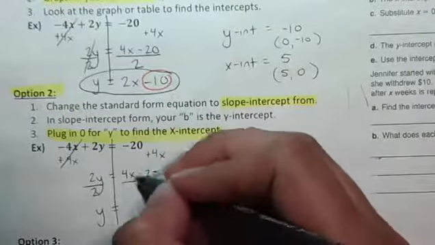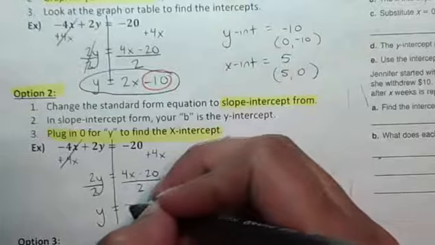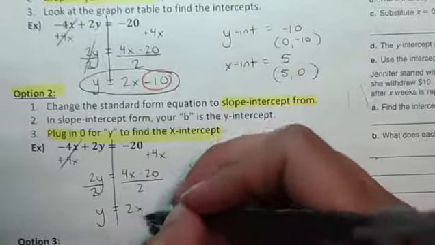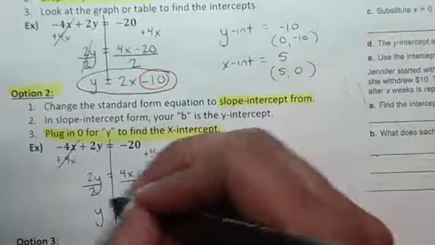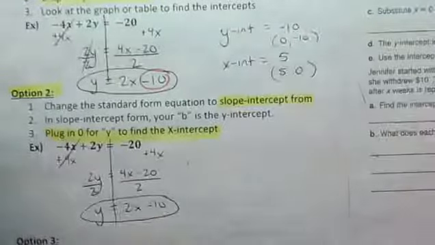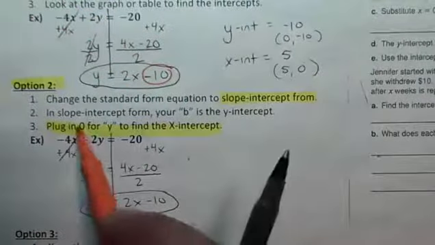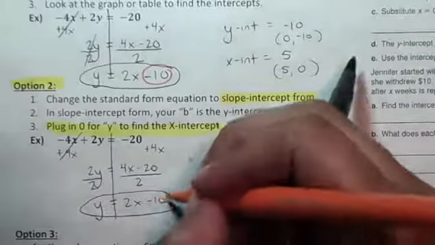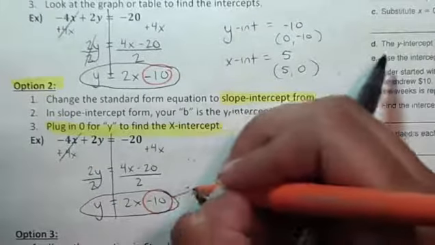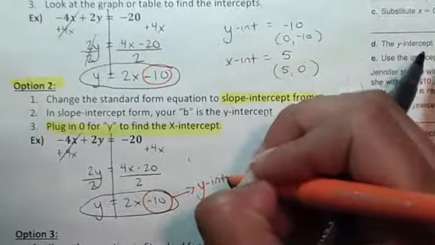So I end up getting y is equal to 4 divided by 2 would be 2x. Negative 20 divided by 2 is negative 10. So again, I should have got the same thing up here. It's the same problem. Okay, we know from our equation, step 2 said, well, if it's in slope-intercept form, the b is the y-intercept. So I'm going to go ahead and write that's the y-intercept.